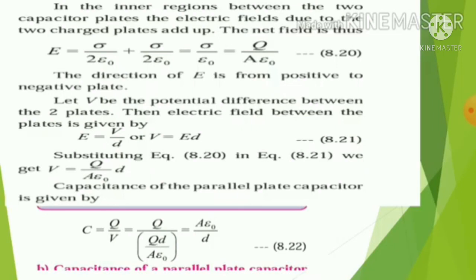This is the equation for potential difference, V equal to Q into d upon A epsilon 0.